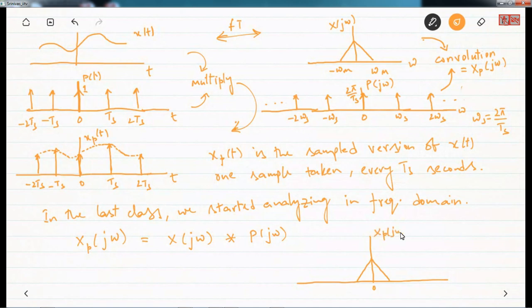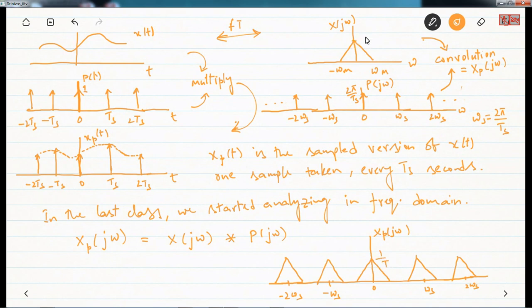This is Xp(jω), and this is ωs, and this is 2ωs, and this is minus ωs, and minus 2ωs, and its amplitude will be 1 by Ts.